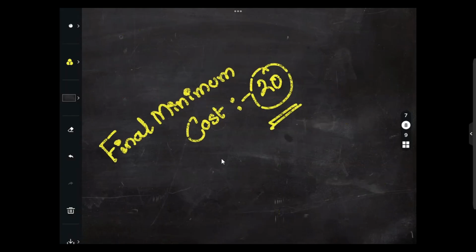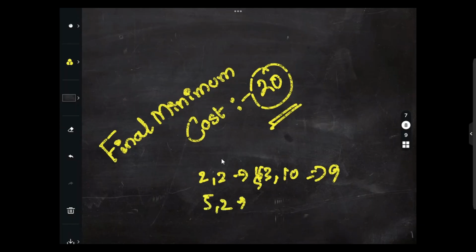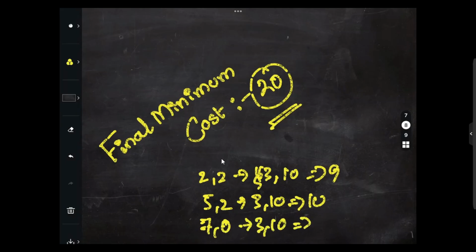I hope this is completely clear. Again, in step 4, from 2,2 to 3,10 we had the possible cost 9, from 5,2 to 3,10 we had 10, and from 7,0 to 3,10 we had the value 14.